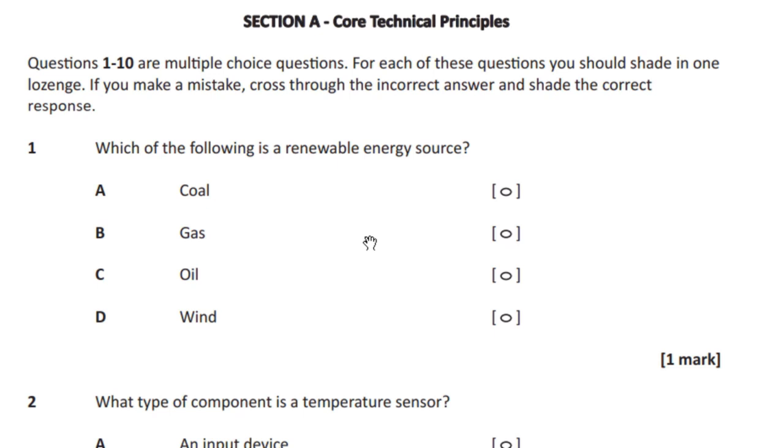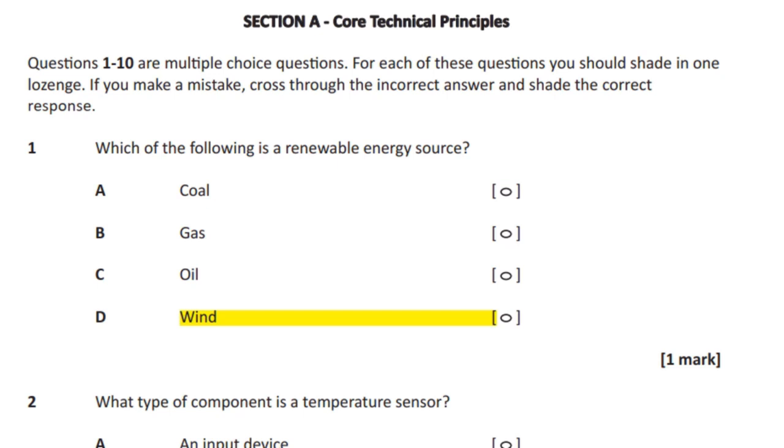They can be replenished, and they release very small or zero carbon emissions. So it would have to be wind. So the answer is D. So if I highlight D, then you will know. So it's wind is the answer.